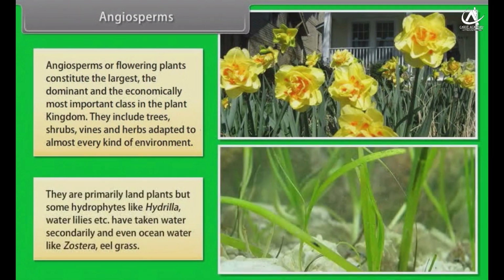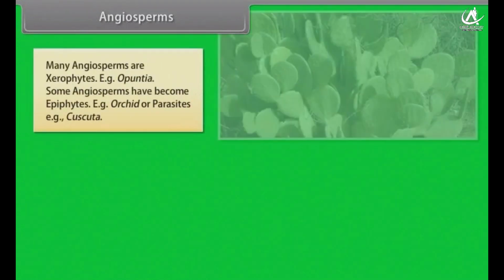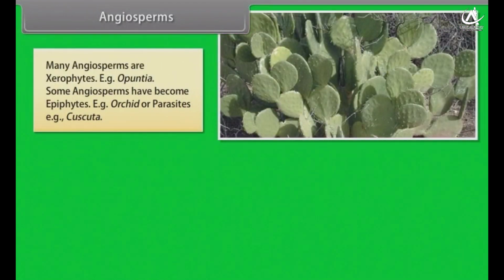They are primarily land plants, but some hydrophytes like Hydrilla, water lilies, etc. have taken to water secondarily, and even ocean water, like Zostera, eelgrass. Many angiosperms are xerophytes, example, Opuntia. Some angiosperms have become epiphytes, example, orchid, or parasites, example, Cuscuta.